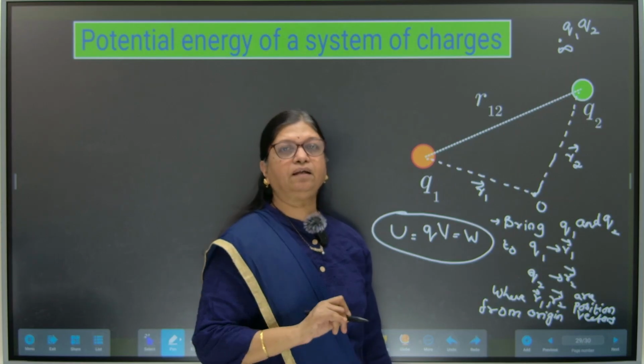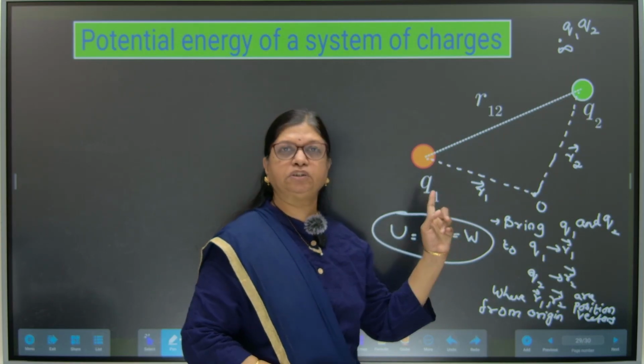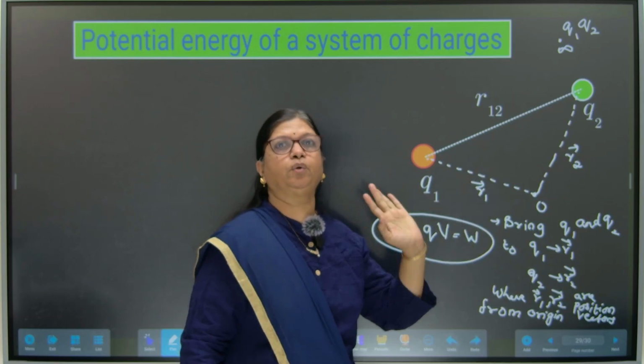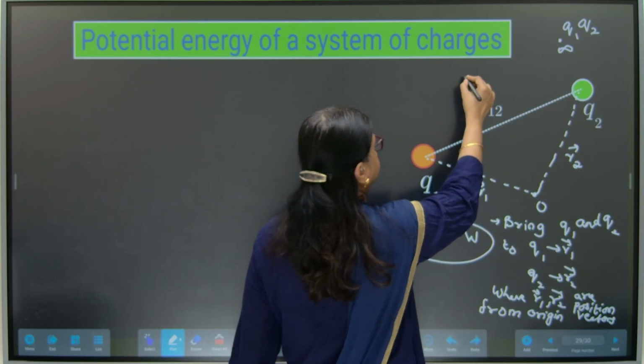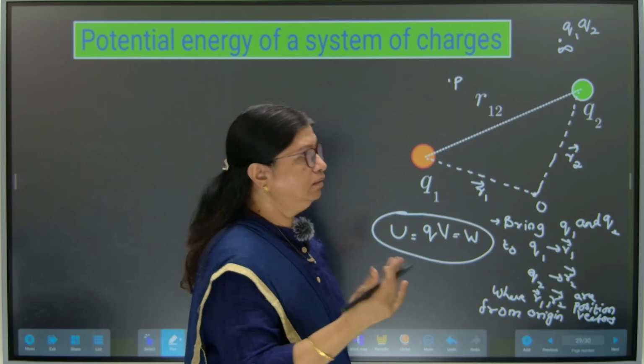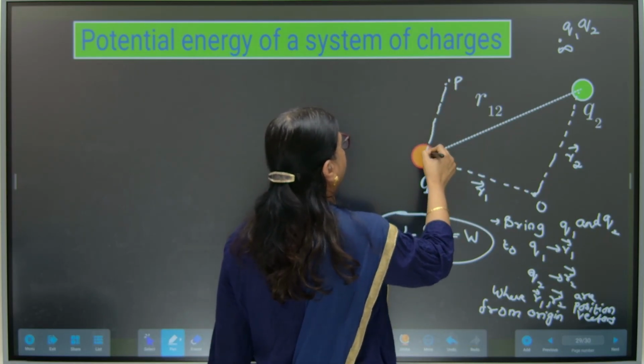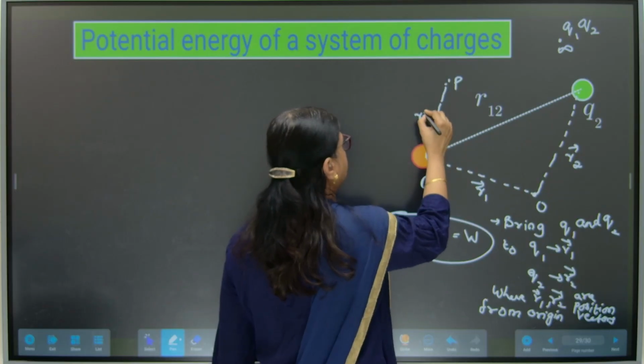So for bringing the charge Q1 from infinity to the position vector R1 from the origin, let me consider a point P somewhere here in space, such that the distance between the charge Q1 and the point P is R1P.